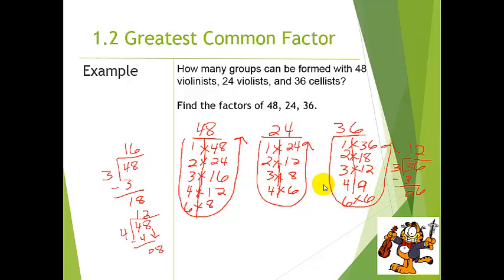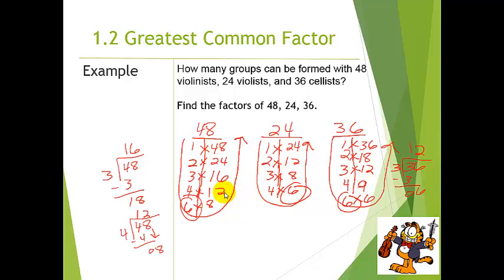Now, I look at my common factors. I know 1 is in common. 2 is also in common. 3 is also in common. 4 is in common. Oh, look, 6 is in common. And if I just want to double check, 8 is in common among them? 8, 8, no 8.